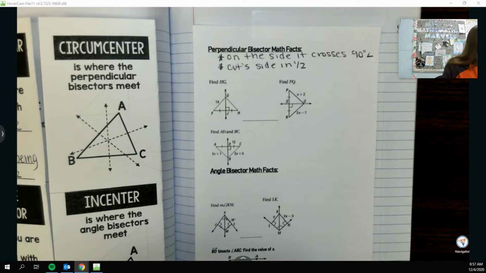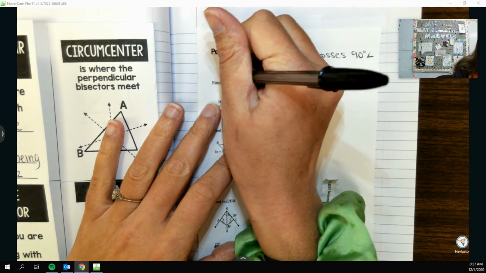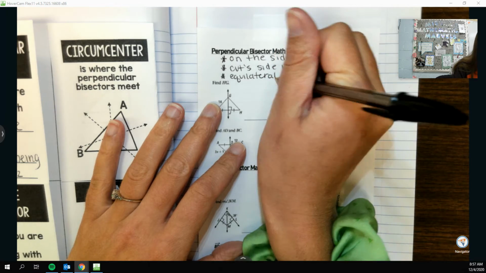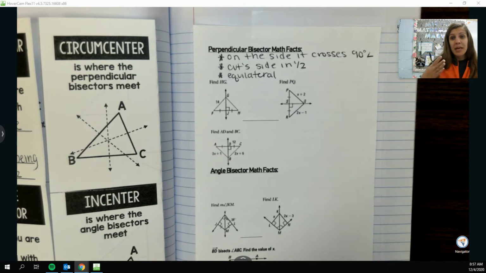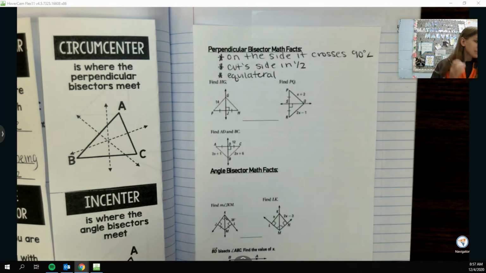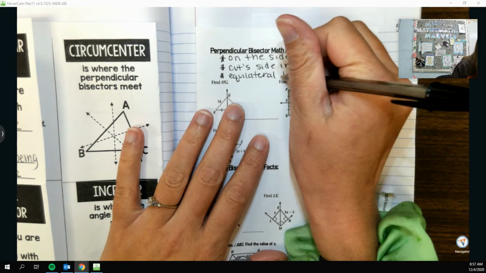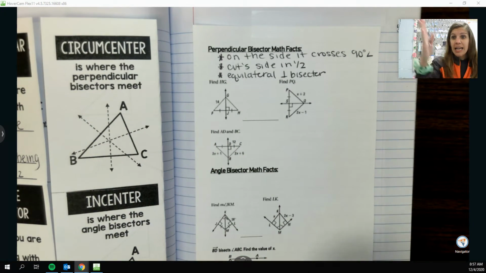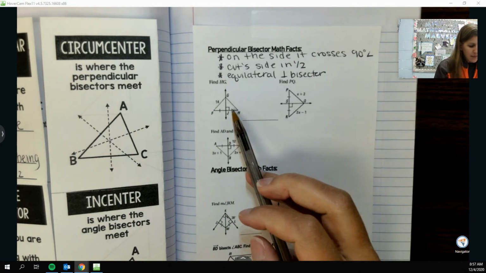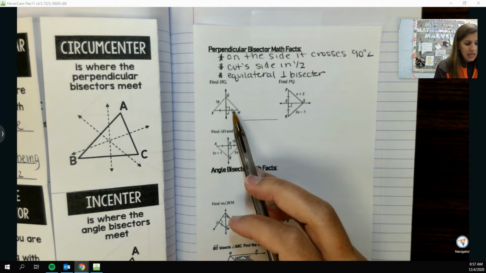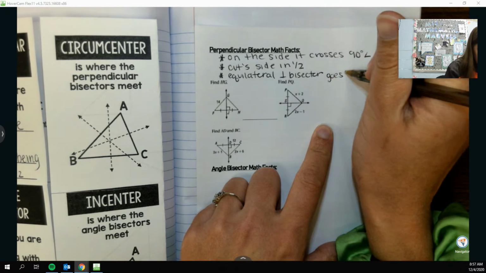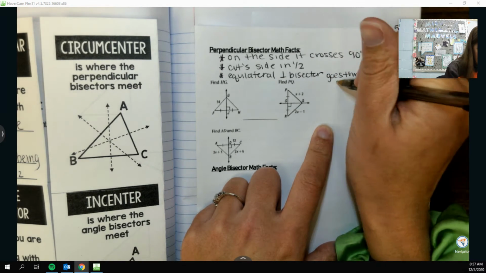The only other thing I want to say here is if your triangle is equilateral, or if it's isosceles and the perpendicular bisector is going through the non-congruent angle, which is a little bit of a special case, then your perpendicular bisector will go through the angle on the opposite side. It doesn't have to. All of these examples right here are either isosceles or equilateral triangles. So the bisector goes through the angle on the other side.